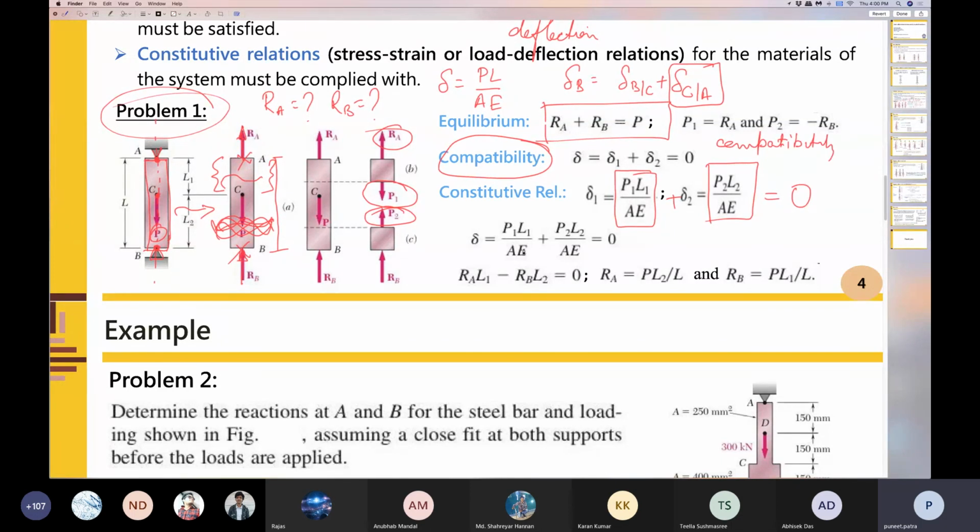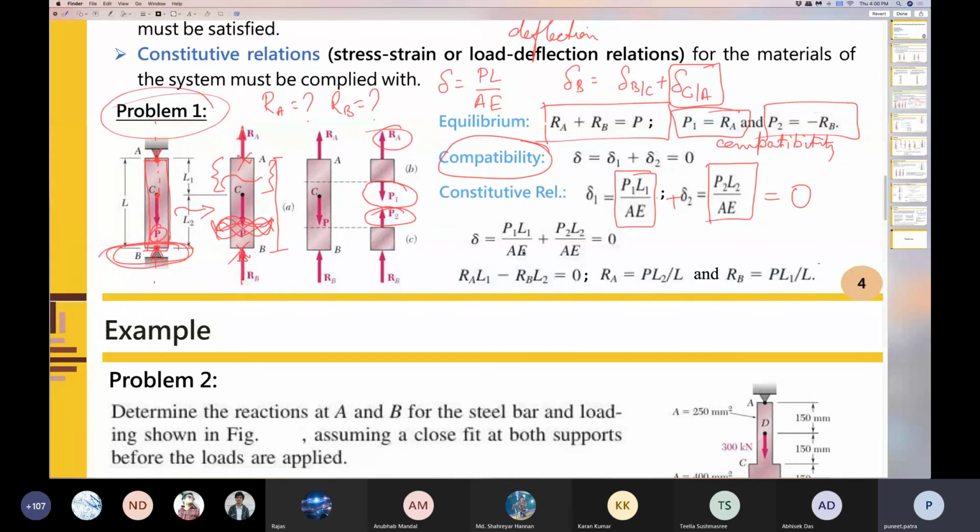I once again repeat, the sum has to be equal to 0 because the net deflection of joint B with respect to joint A is equal to 0, because both the joints cannot move in the vertical direction as they are hinged. Right? So I substitute the values of P1 and P2 from the free body diagram. I have calculated P1 to be equal to RA and P2 to be equal to minus RB.